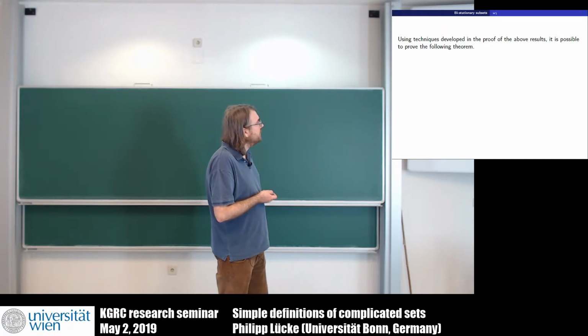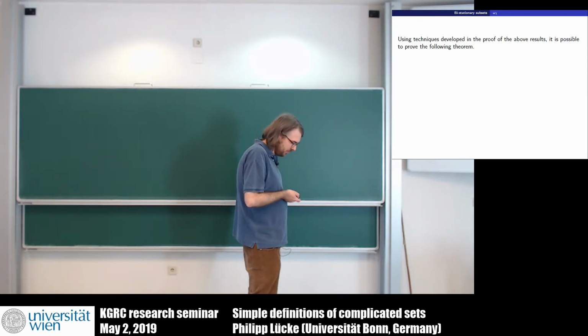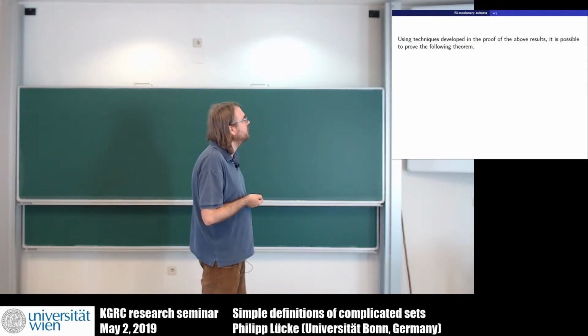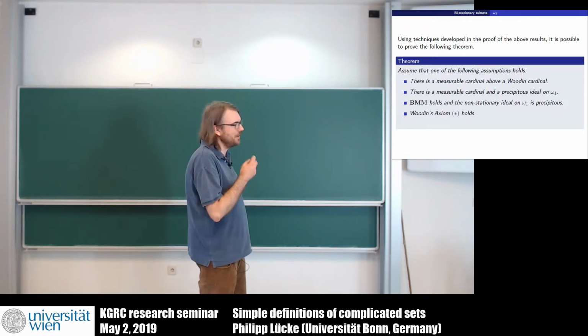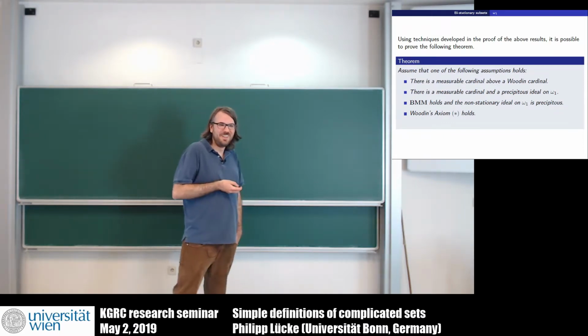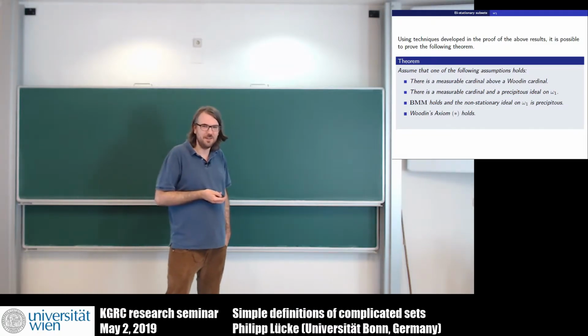But to motivate this, we can use the techniques developed in these proofs about well-orderings to get something about this property at omega 1. So now we have an even longer list of assumptions, and I guess quite a lot of people think that one of these statements is true. So I now added Woodin's axiom star to the list.